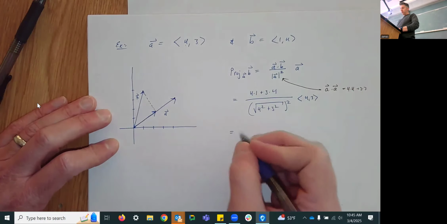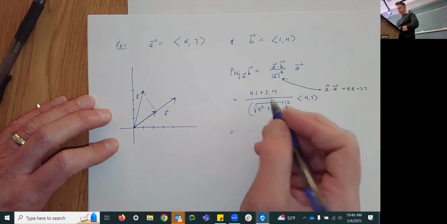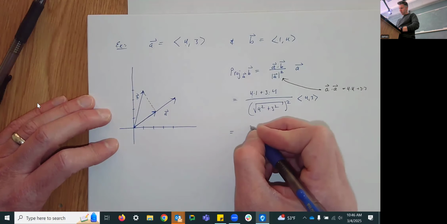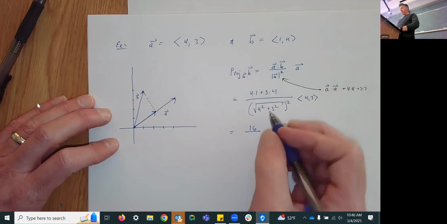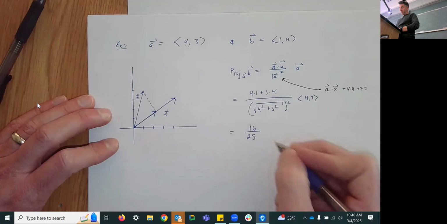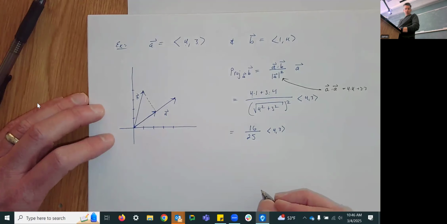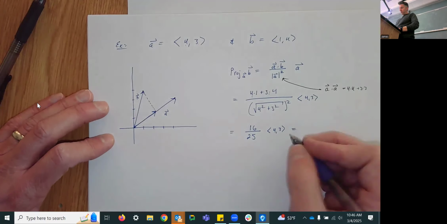So multiplying this out, 4 plus 12 is 16, apologize, divided by the square of the square root of 25, which is 25, all times the vector 4 comma 3. I don't feel like distributing this is super helpful, but we can.